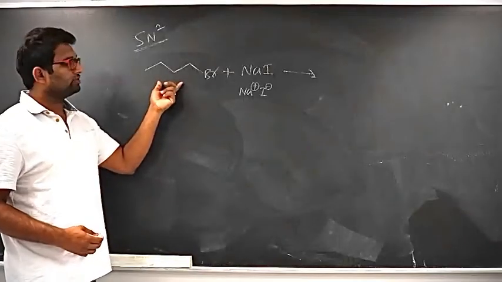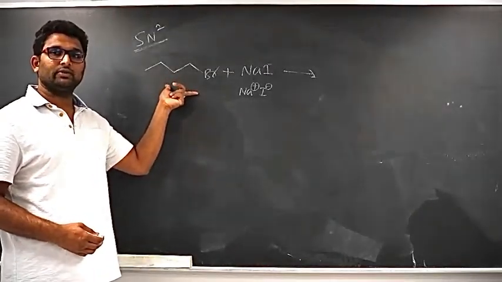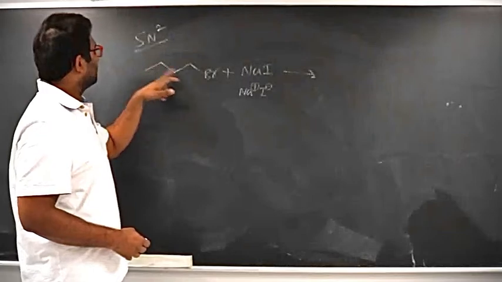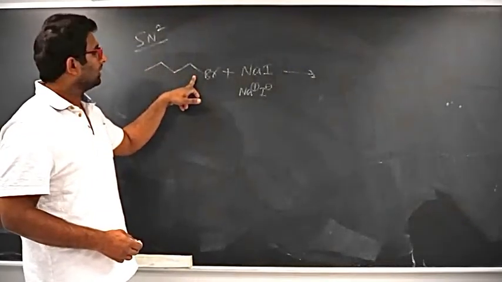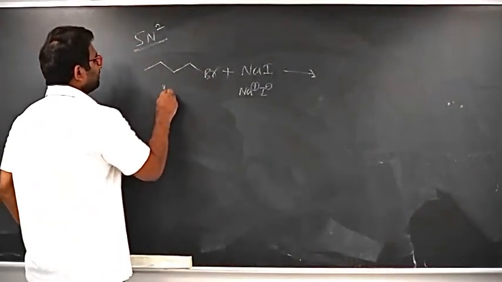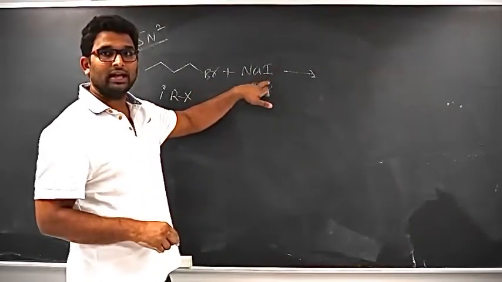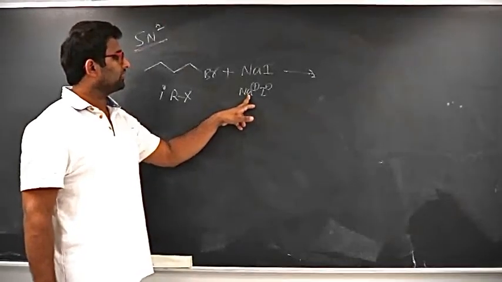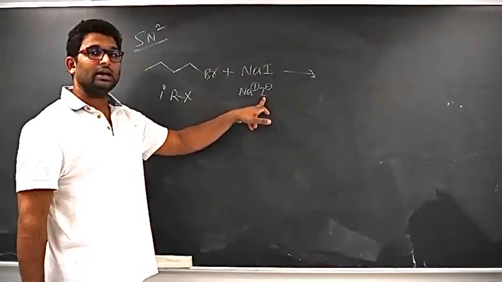Now I have a reaction here. This is the reaction from your lab, so we're going to use this today. I have a bromobutane, which is basically a primary alkyl halide, reacting with sodium iodide, NaI. Sodium iodide usually exists in solution as sodium plus and I minus.